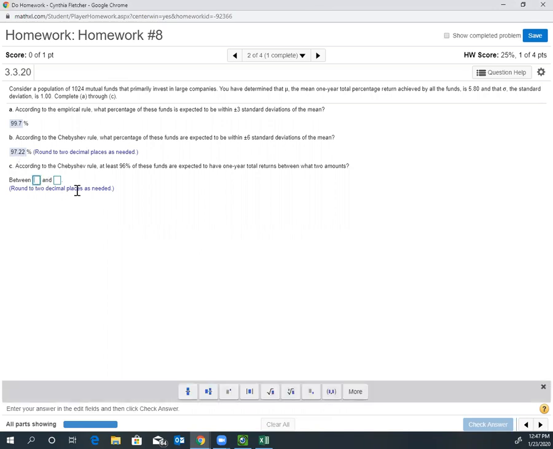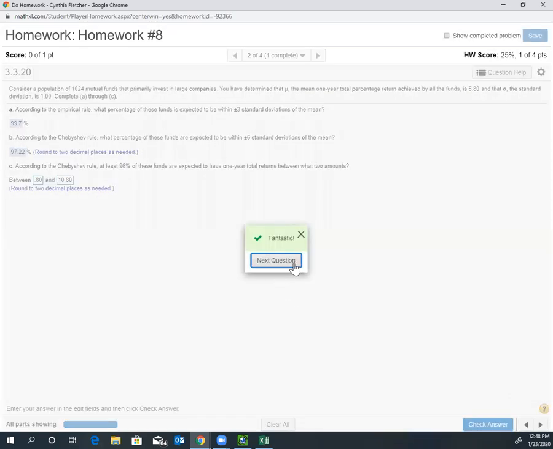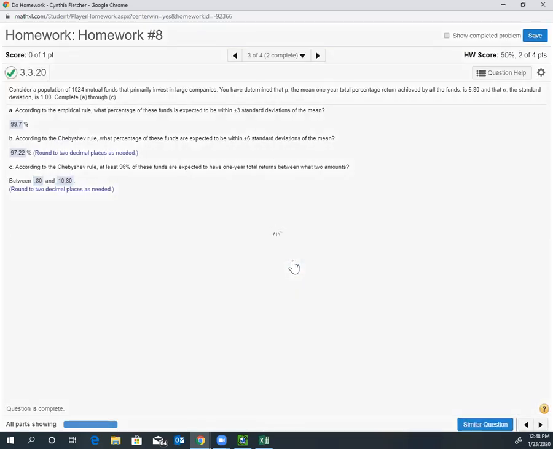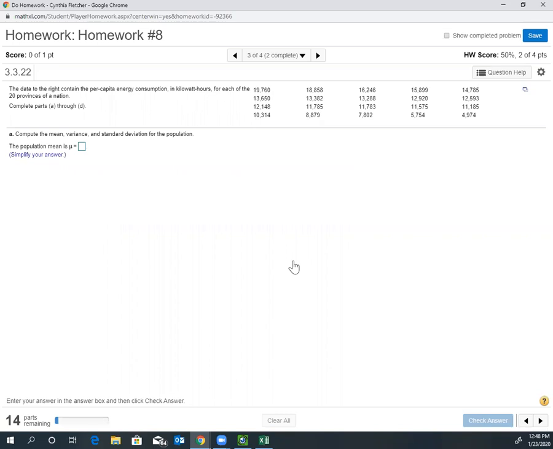So it is between 0.80 and my max was 10.80. It says 2 decimal places, so that's why I included the 0 at the end. And so that was number 2. Right, number 3.